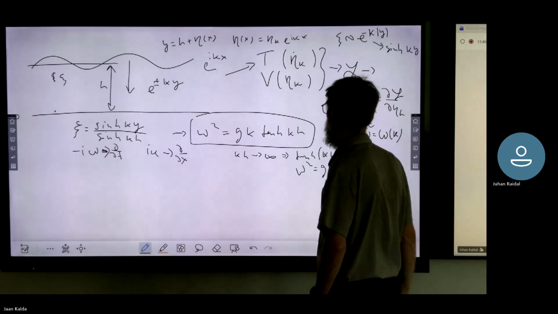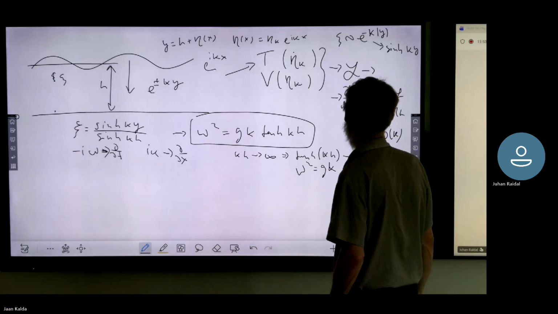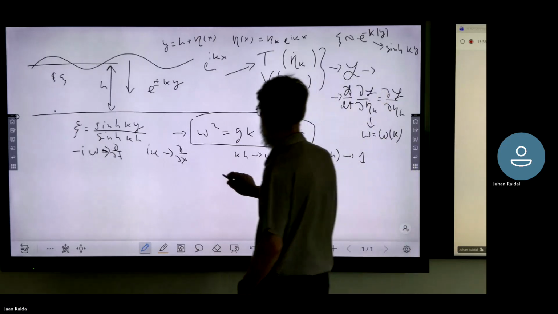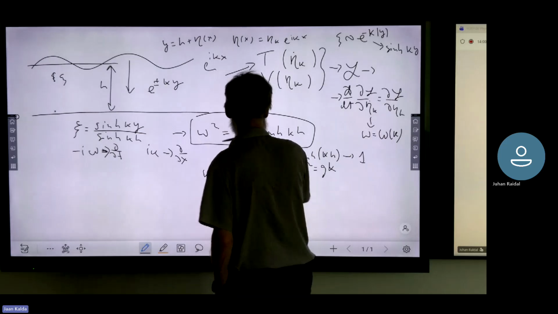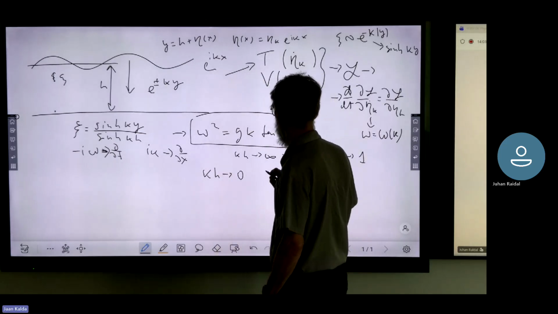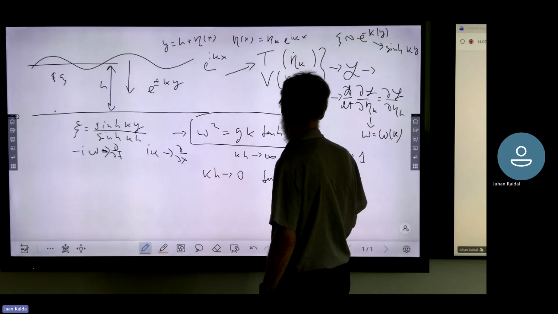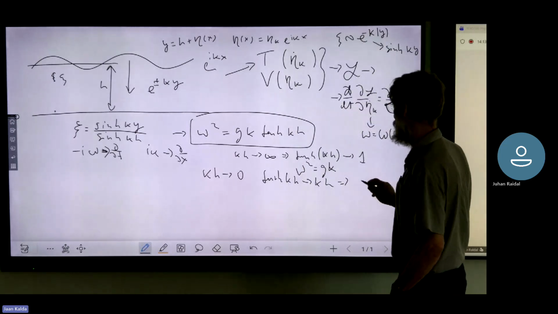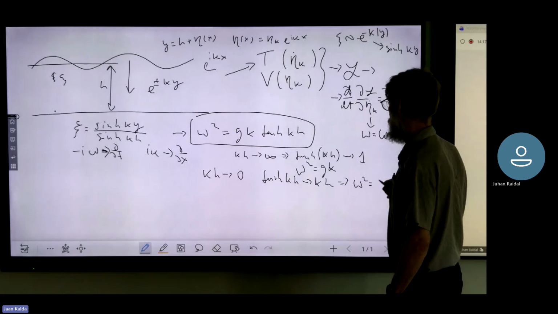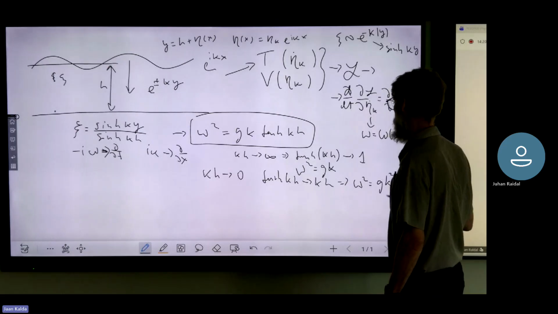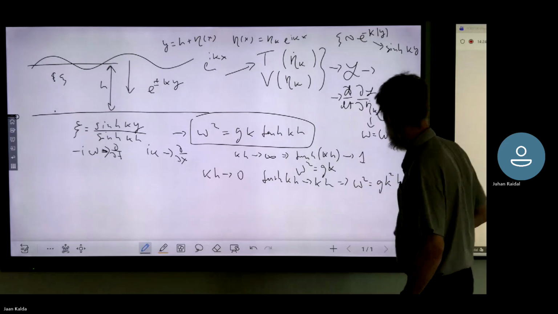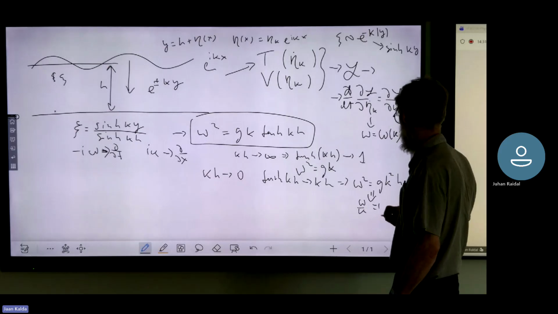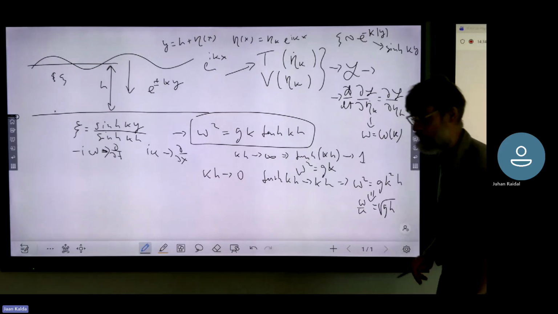On the other hand, if we have a very small h, kh goes to 0, and then tangent hyperbolic goes approximately to just kh, so that we will be having omega squared equals g k squared h, which means that omega over k is square root of gh, also the same result that we had.